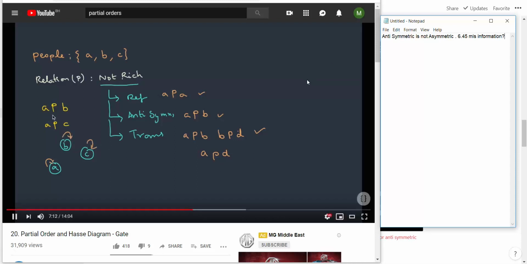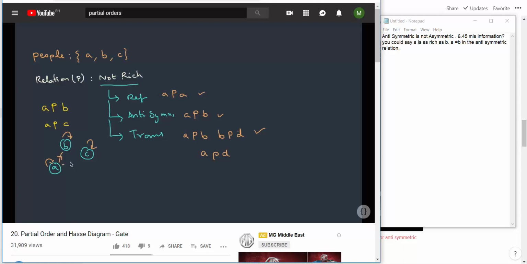Then the relation defined is A not richer than B, then A is not richer than C. And it's obvious the other way around is not possible. There are two observations. Every node will have a self loop and the graph will be unidirectional, right? So this diagram can be simplified.